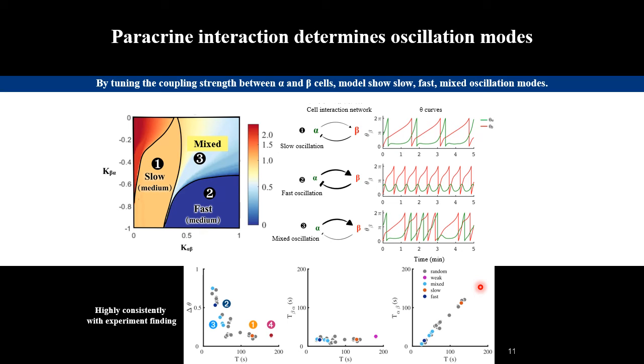Compared to the experiment, the model can tell us what determines the waiting time of beta cells and the oscillation mode. As we can see here, the most critical parameter switching the oscillation modes is K alpha-beta, which corresponds to the glucagon concentration.